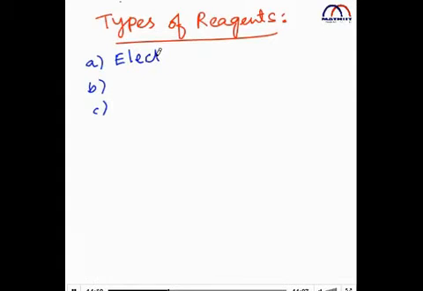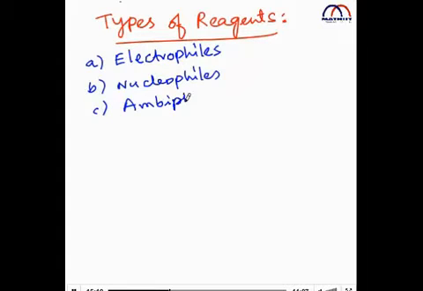They are electrophiles, called electron loving reagents. Nucleophiles. Then we have ambiphiles. You know what is the meaning of ambi? Ambi means both. Ambiphiles. Let us discuss about each in detail.